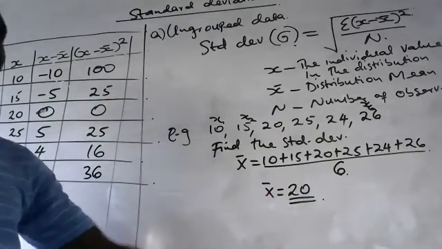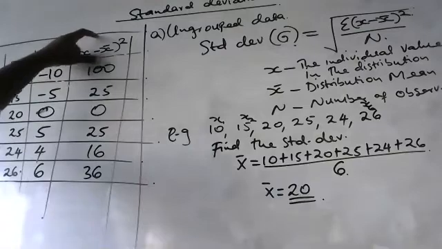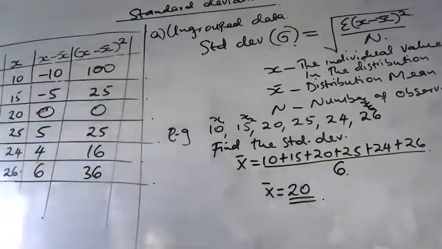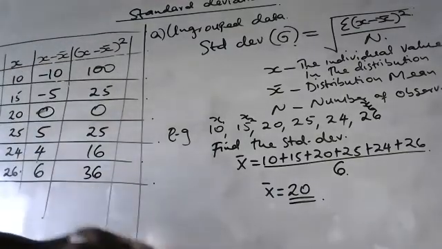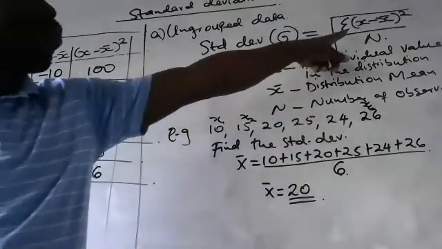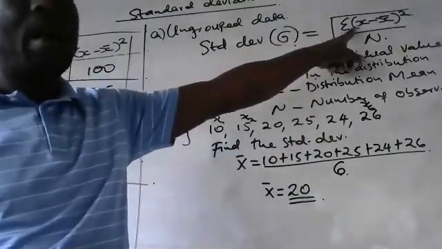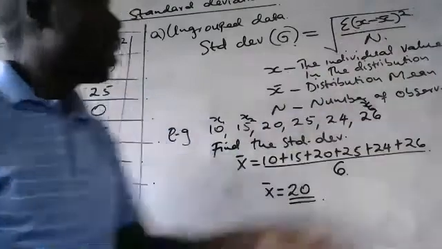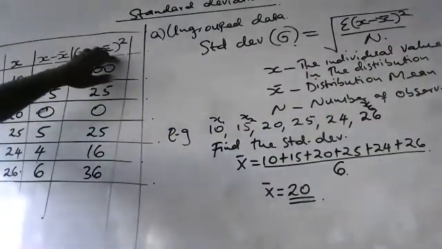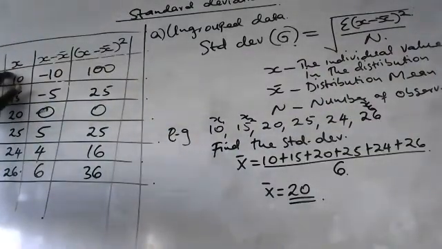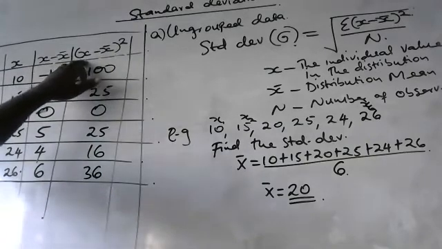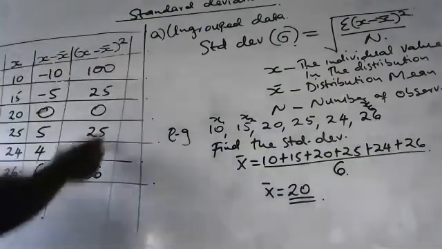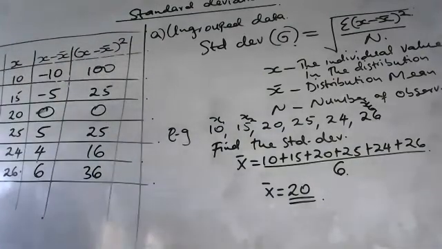After getting your X bar, you can now proceed to get these two columns. Because the formula is saying we sum X minus X bar squared, we have the X minus X bar squared for each and every value of X. So we just add this.